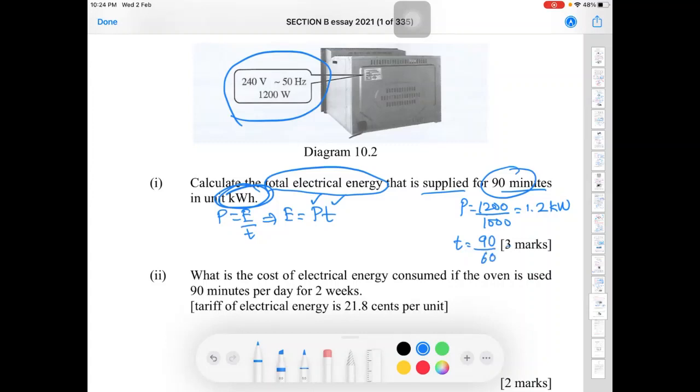So you dapat dalam jam. Jadi jawapan kamu masukkan sini 1.2, you akan times dengan 90 bahagi 60 dan you akan dapat 1.8 kilowatt hour. Ni jawapan yang dia nak sebab dia nak dalam kilowatt hour. Jadi you pastikan you pandai nak tukar this one and this one.